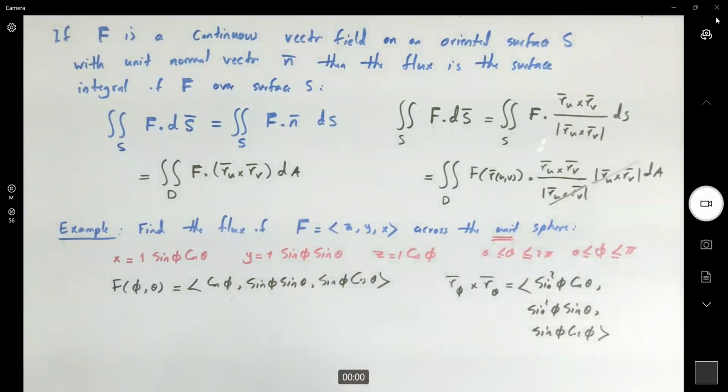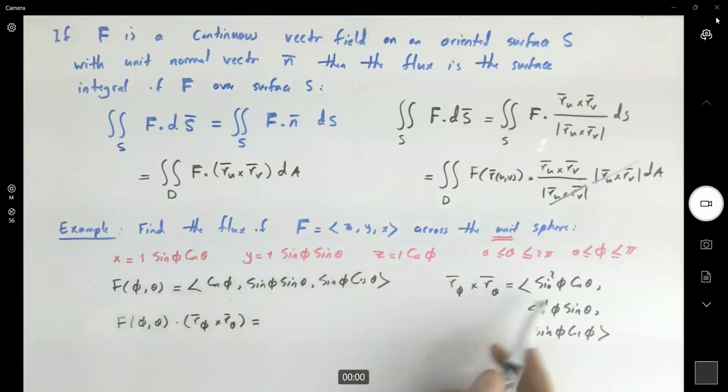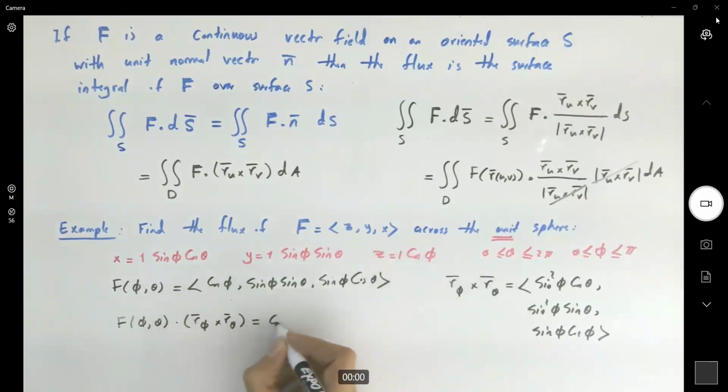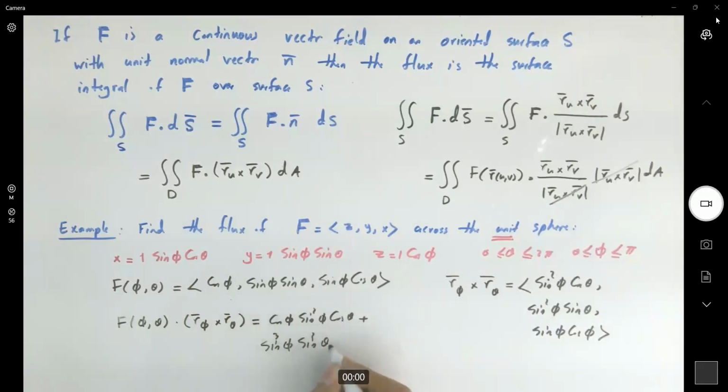Now you're going to find the dot product between these two, F of phi and theta dot R phi cross R theta, is equal to, so the multiplication between these two, you get cosine phi sine squared phi cosine theta plus sine to the third phi sine squared theta plus sine squared phi cosine theta cosine phi.